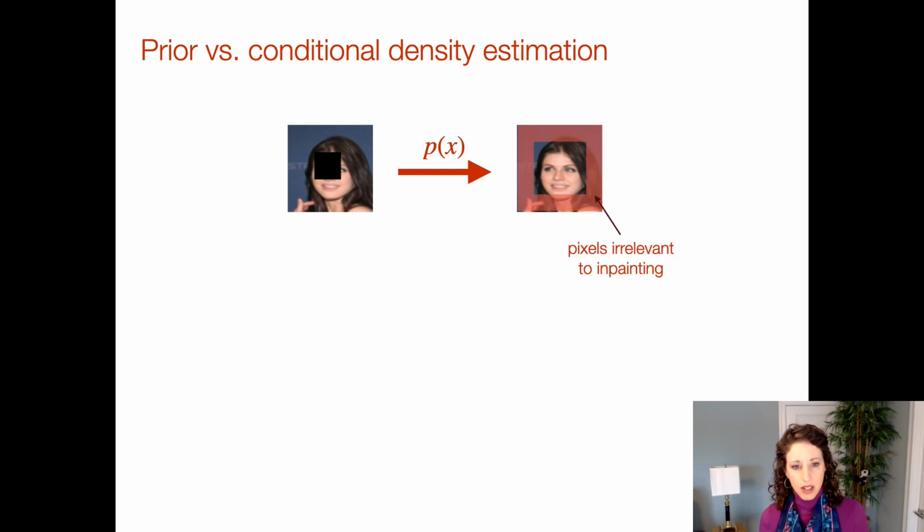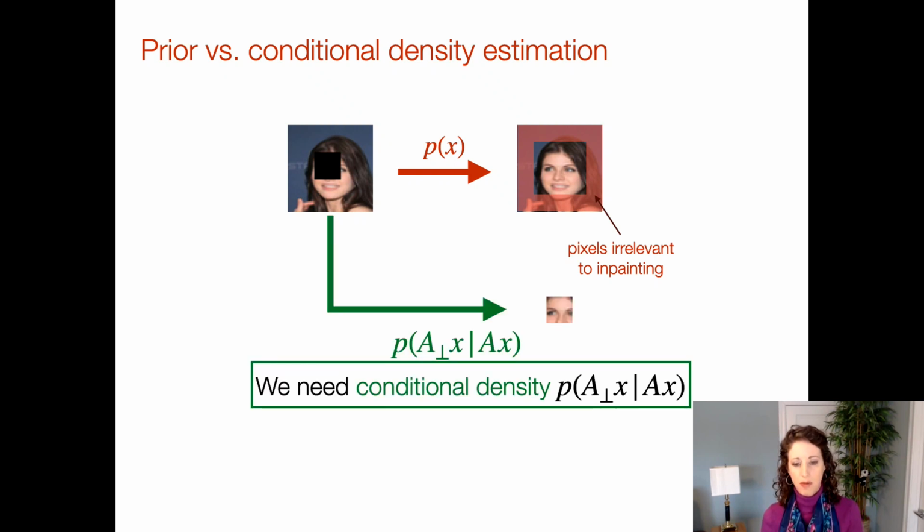In the context of this inpainting example, though, it's pretty clear that learning the full distribution over all images requires learning a lot of stuff that I don't need. In particular, if I'm just trying to fill in these missing pixels in the image, there's a lot of stuff going on the periphery of the image that I would have to learn when I learn this probability distribution, but which is totally irrelevant to my task at hand, to the problem of trying to fill in these missing pixels that are in the middle of the image.